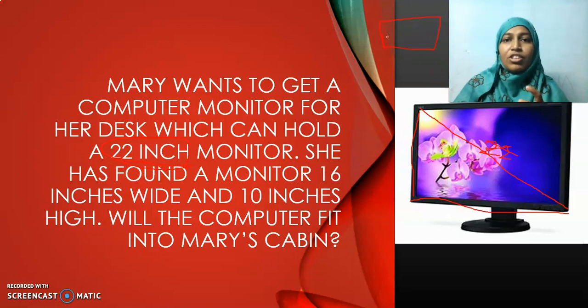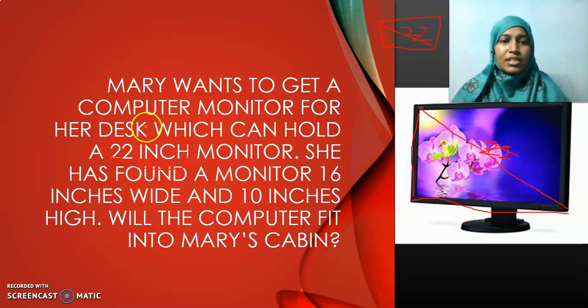In that shelf she can accommodate a TV of measurement 22 inches. Now they have not given the measurement of this TV. They have given the measurement of the shelf in which she is going to keep it. Okay, that is the desk.